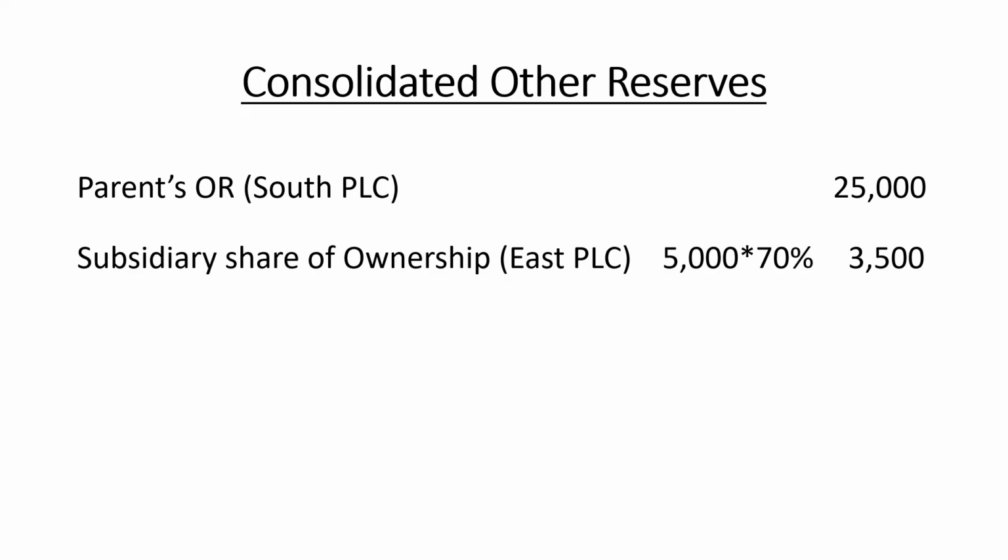Out of that, 70% is related to the group. Therefore, we are going to take 3,500 of the East PLC's other reserves in the consolidation. Now, the total is 28,500.